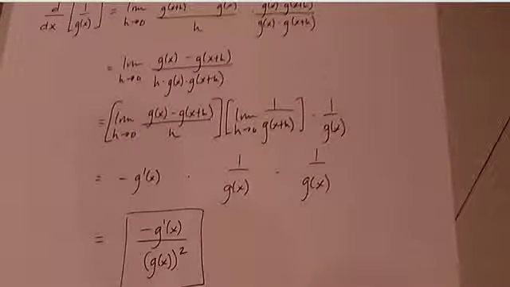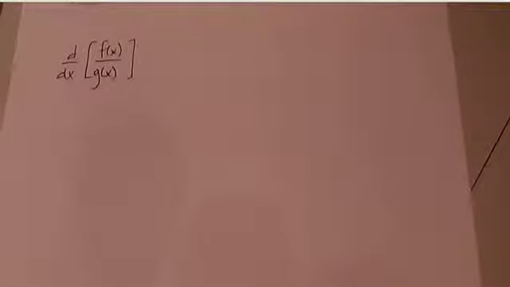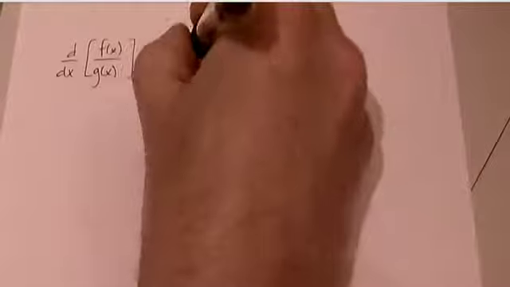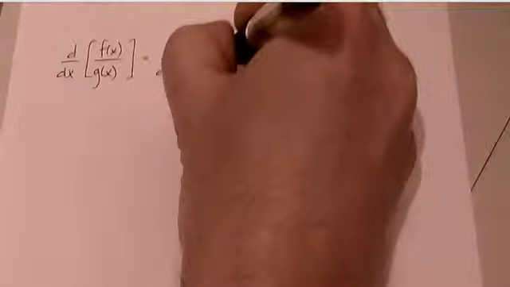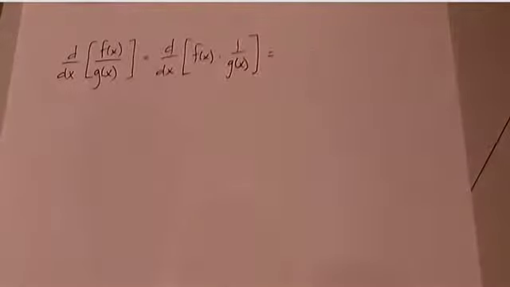Now, that is going to be really helpful when I start talking about the derivative of a quotient function, right? Because I can actually pull that apart into a product, f of x times 1 over g of x.